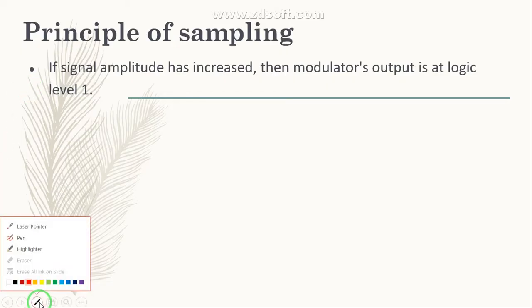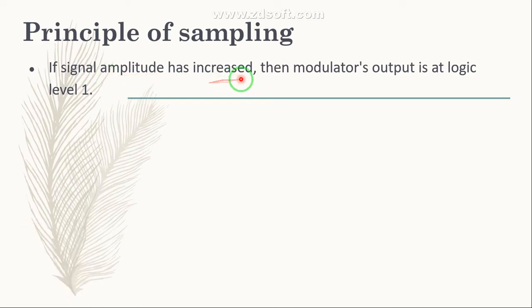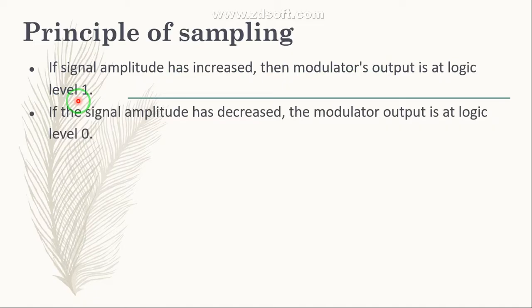If the signal amplitude has increased, then the modulator's output is at logic level 1. Similarly, if the signal amplitude has decreased, then the modulator output is at logic level 0.